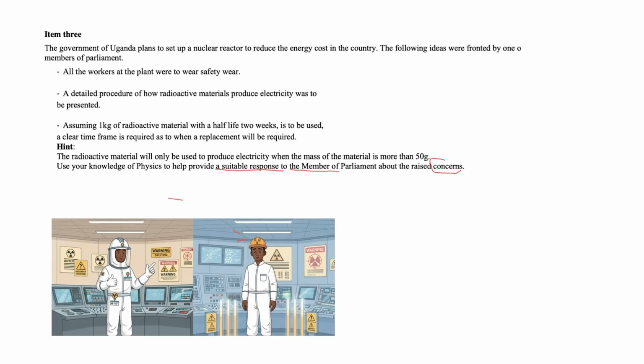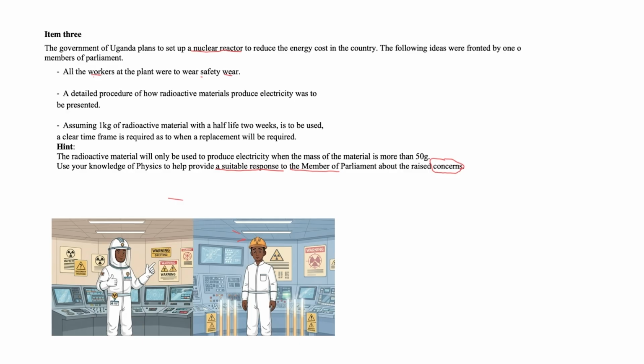Before we try to answer this question, let us go back and identify what are these concerns that the member of parliament raised. The first one was that all the workers at the plant were to wear safety wear. Now remember, we had a nuclear reactor.